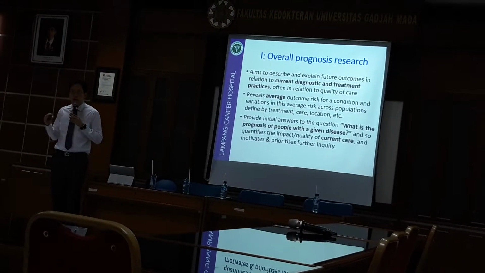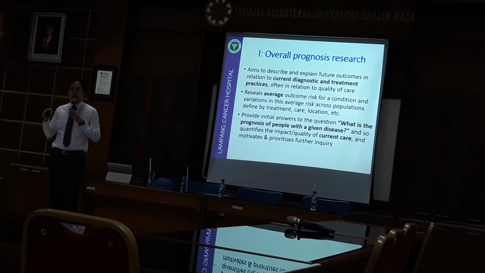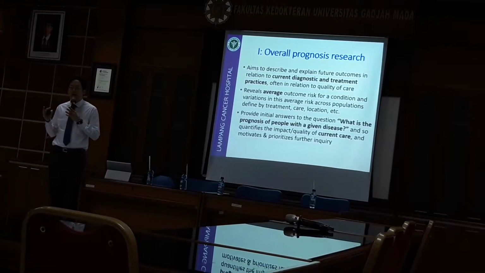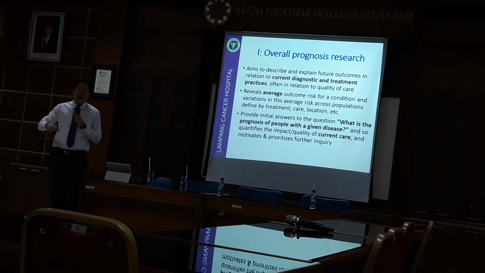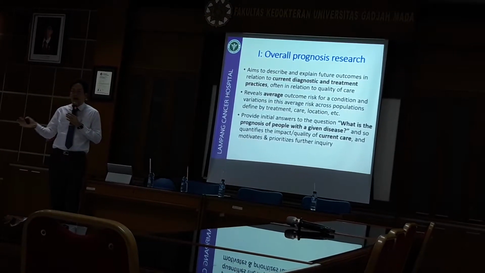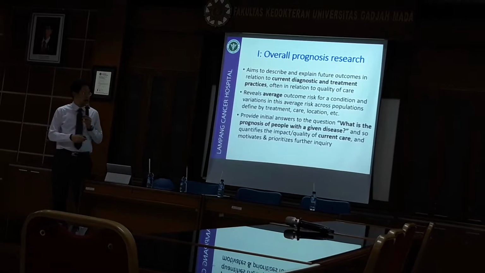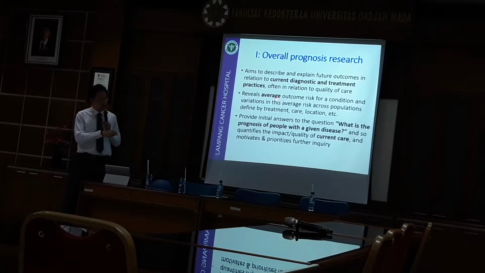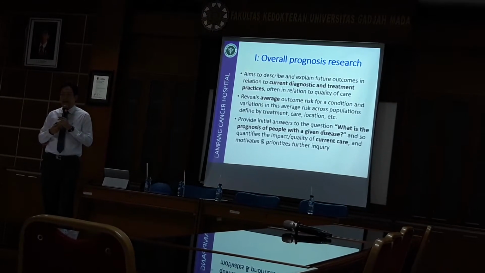And it's an average prognosis. That means you need to see the survival in the population of patients. So not only patients in the hospital, not only patients in a clinical trial or in one clinic, but the average prognosis in cancer patients in Yogyakarta. Okay? We use this average prognosis to guide policy.